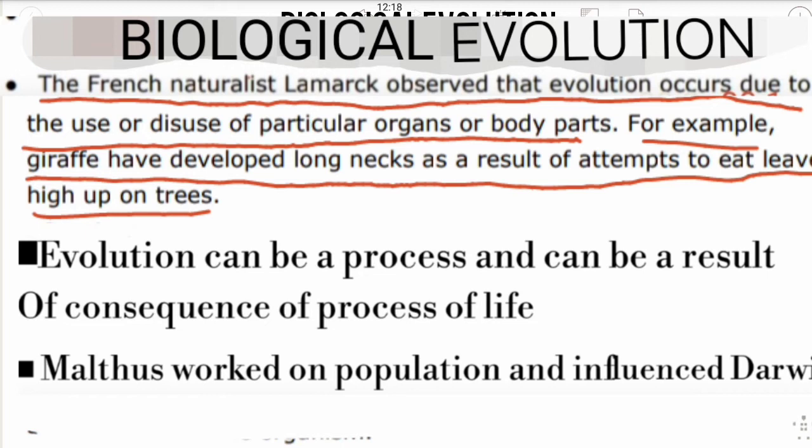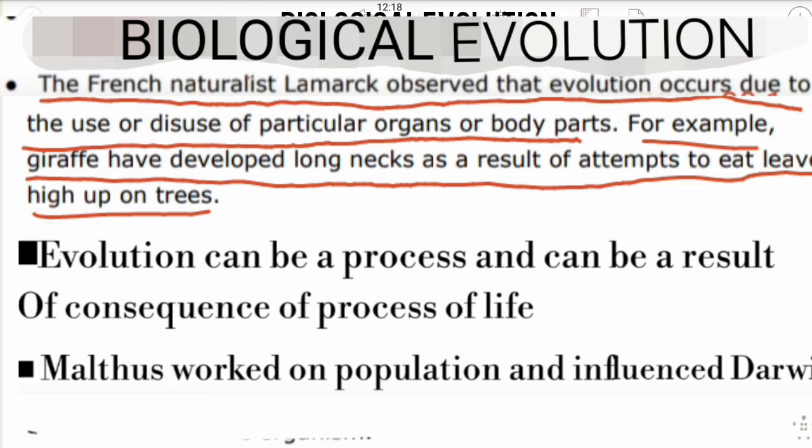He said that if you use the organs for much time, then they will be very prominent in the next generation, and if you disuse the organs, then they will not come after several generations.